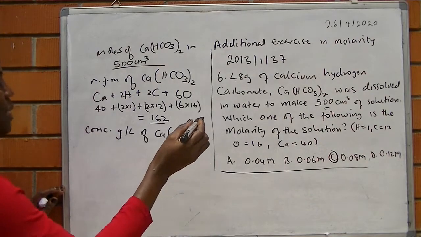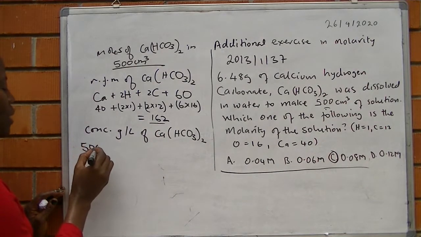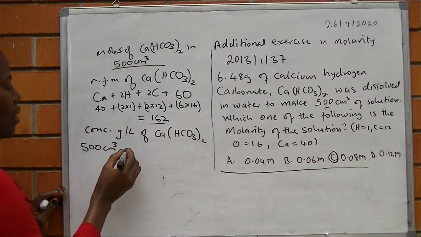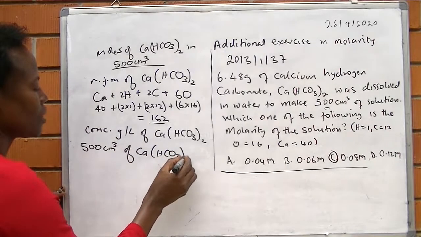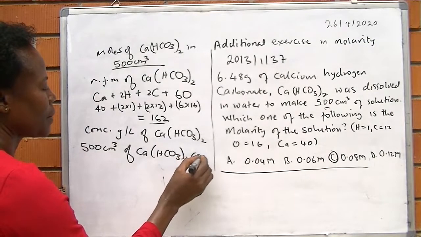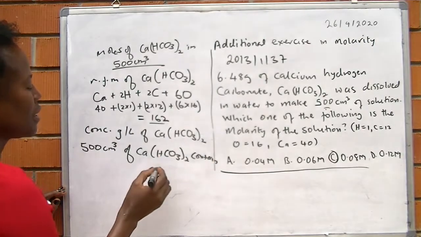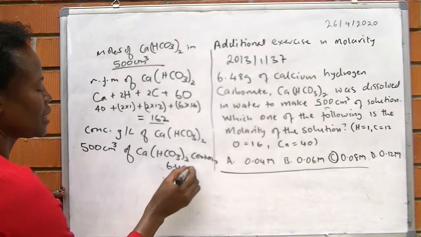How do we get that? We are told 500 cubic centimeters of calcium hydrogen carbonate contain 6.48 grams.